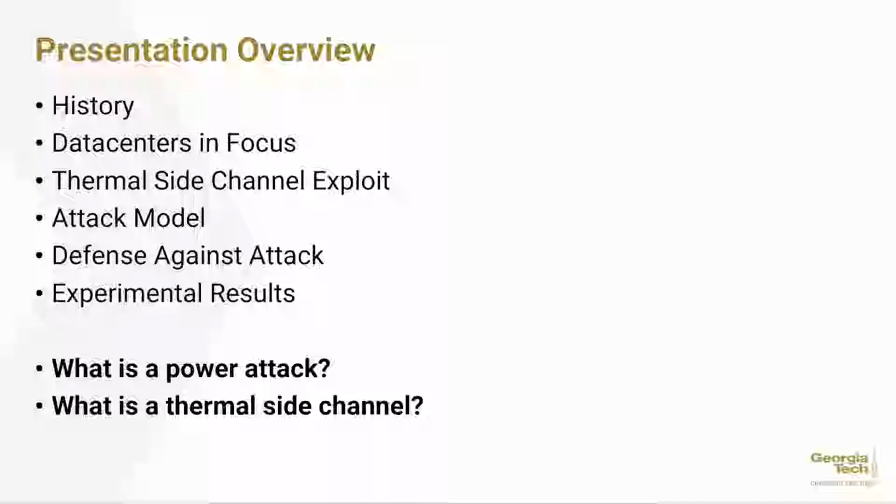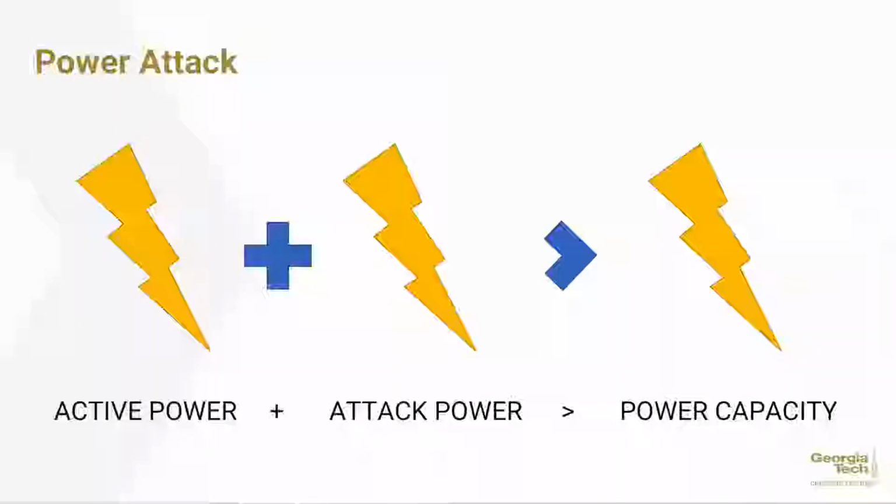But first off, what is a power attack and what is a thermal side channel? In data centers, you have a certain power capacity. A power attack occurs when you try to overload the power capacity by causing an increase in the power draw in the system.